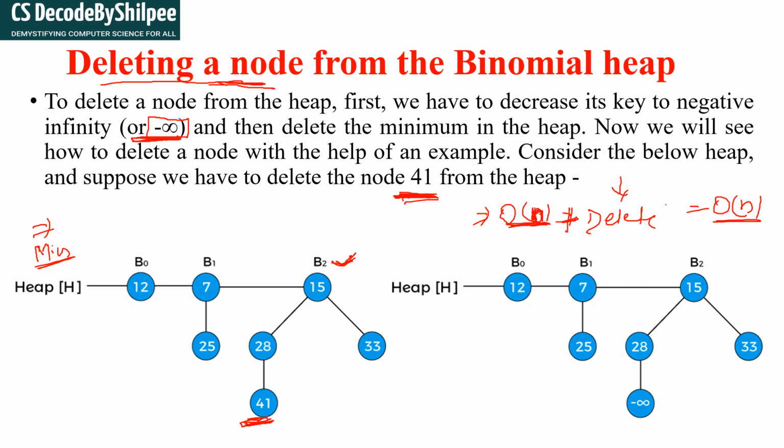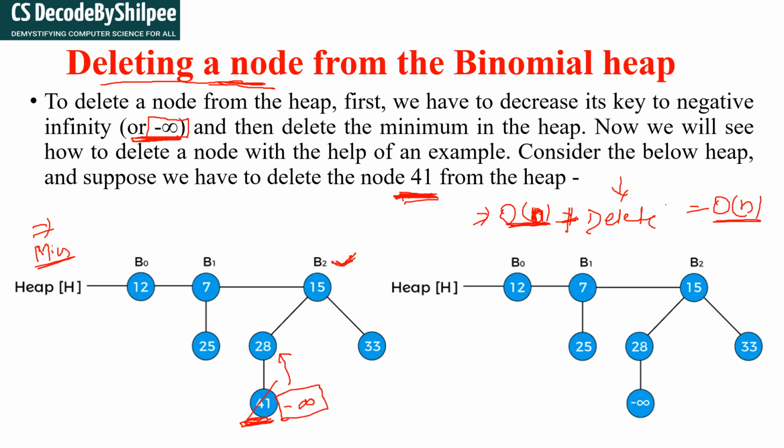So here I am going to delete 41. 41 is replaced with minus infinity, and that violates the binomial heap property. Then we have to check with the parent: is 28 less than minus infinity?